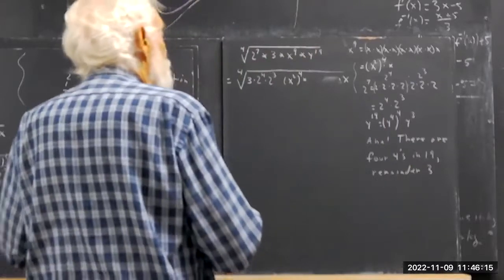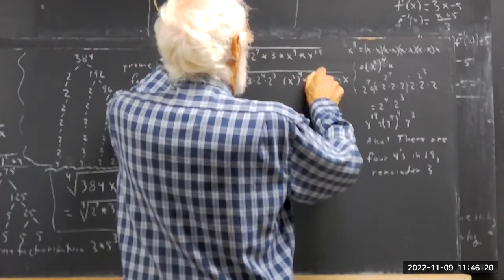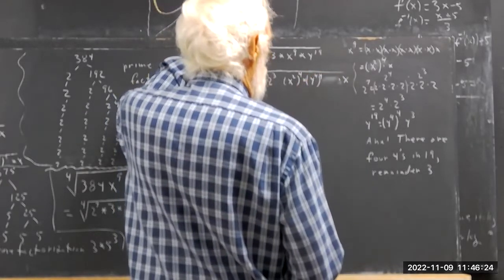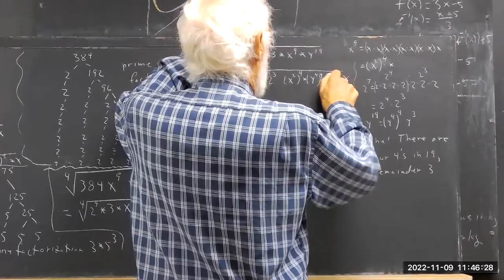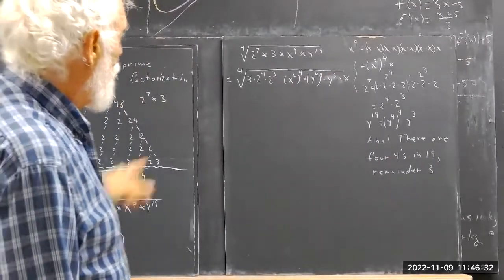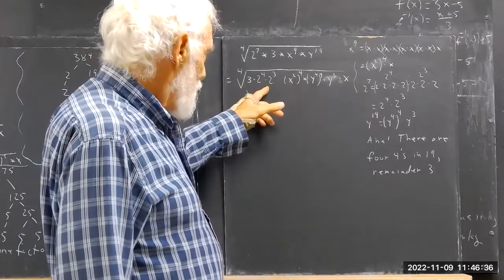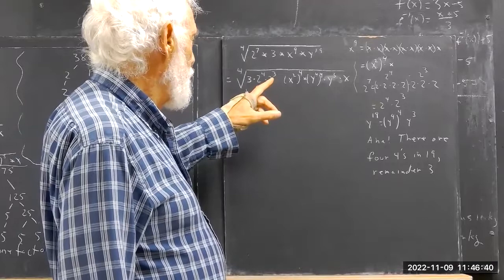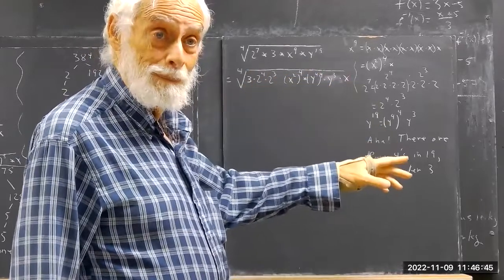Okay, so what you have then is y to the 4th to the 4th times y cubed. Now I don't have any one of the factors with a power greater than 4.